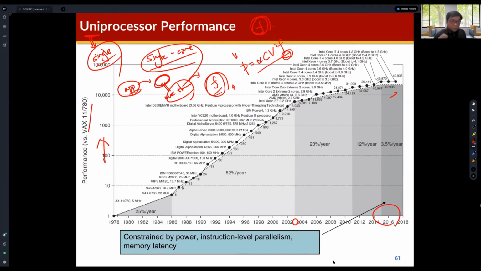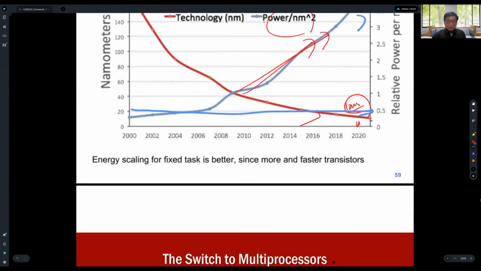Understand? Even though we use more advanced technology, for example the technology node changes from 20 nanometer to 10 nanometer, we cannot increase the clock frequency. Why? Because of power.